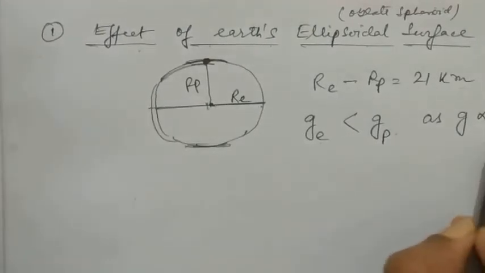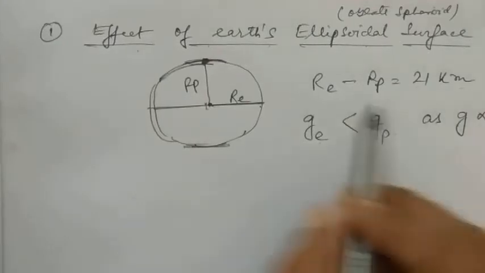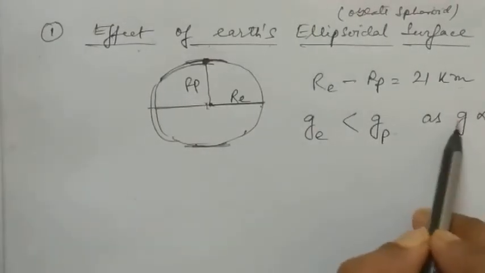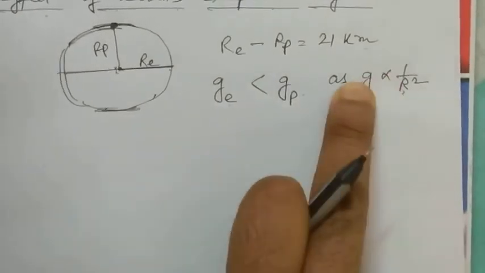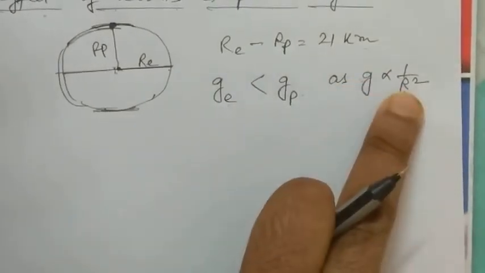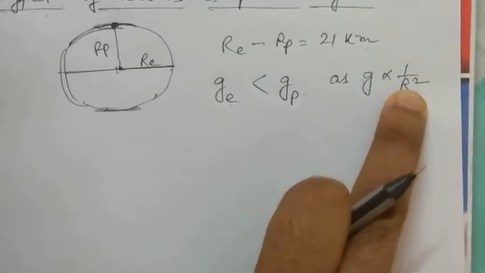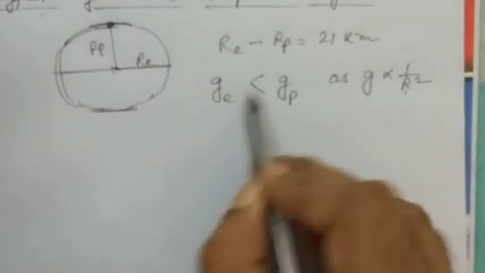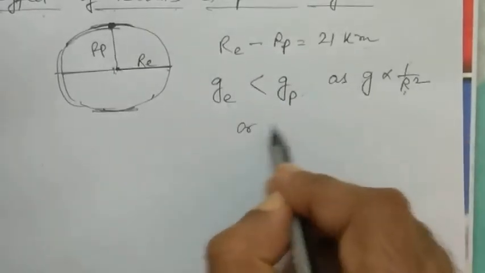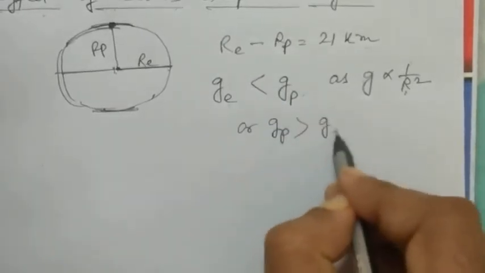The radius of the equatorial region is more, so the value of g will be less. The radius at the pole is less, so the value of g will be more. So you can write GE is less than GP.